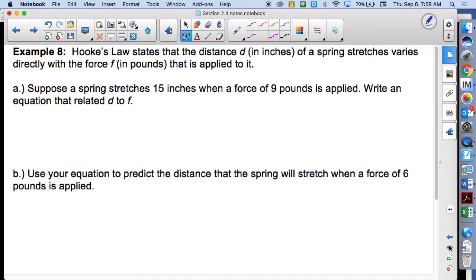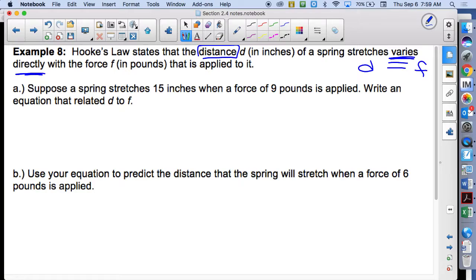Instead of using an X and a Y, we're using 2 different variables. Up in the problem, it says distance, which is D, of a spring, varies directly. That's like your equal sign. So when you're reading the word problem, distance varies directly is our equal sign. So distance equals the amount of force that is applied to it.